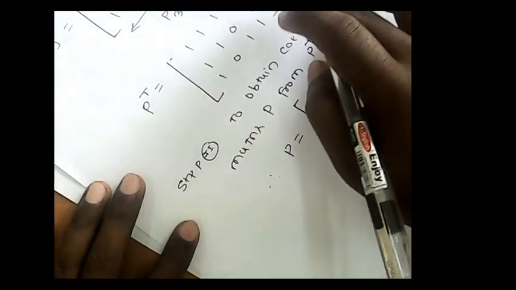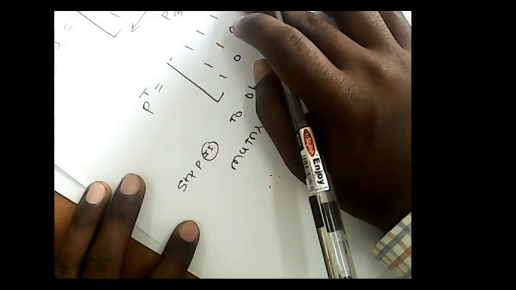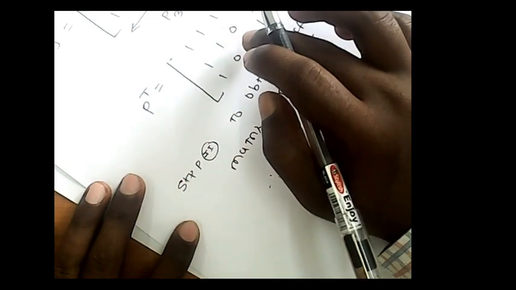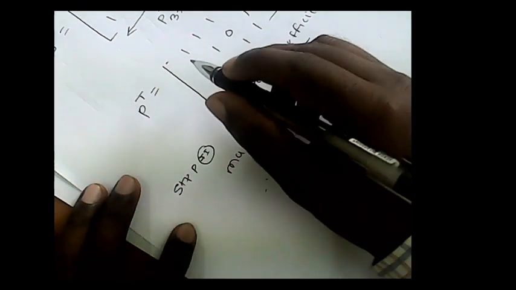We take the reverse: we convert rows into columns and columns into rows, so we obtain the parity matrix.